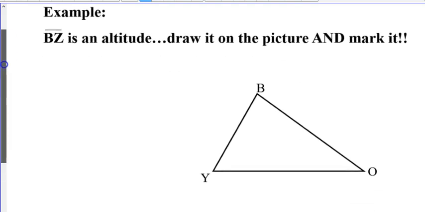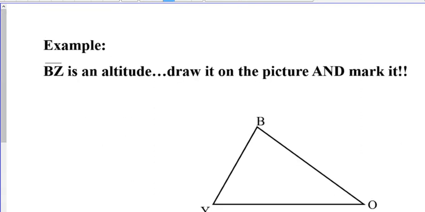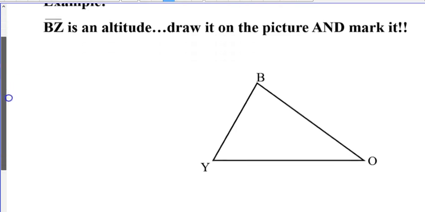All right, BZ is an altitude. Oh, my mind was a little wonky right there. So we're doing the same triangle, but we're doing an altitude this time.